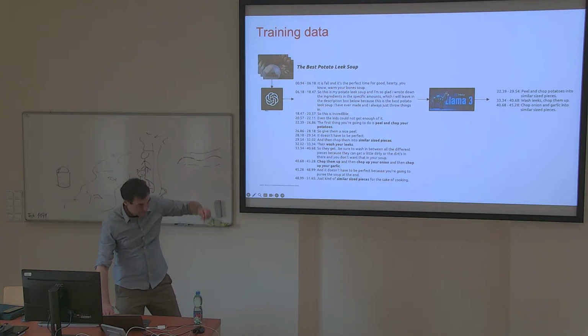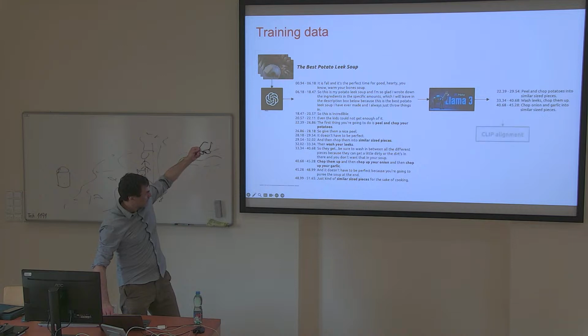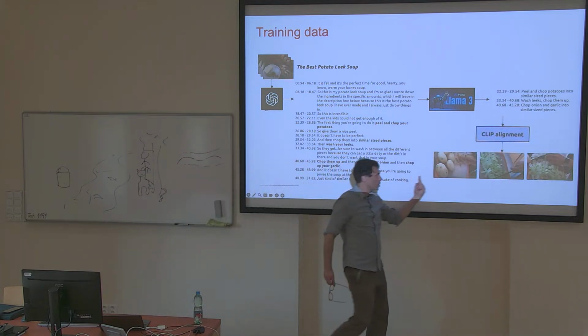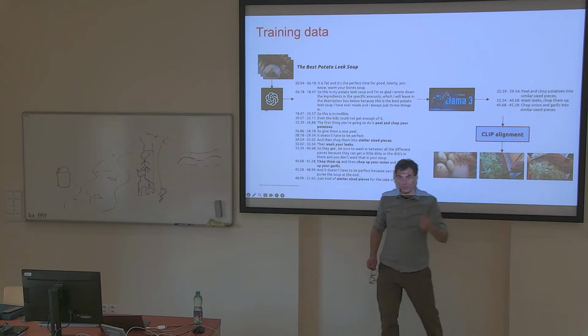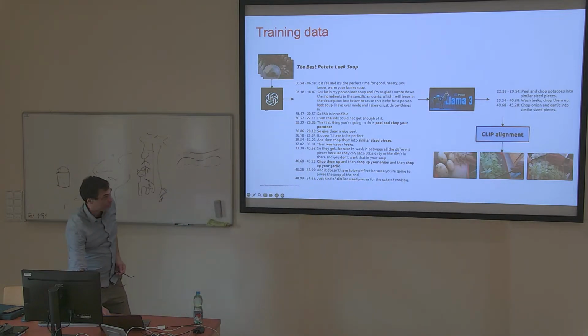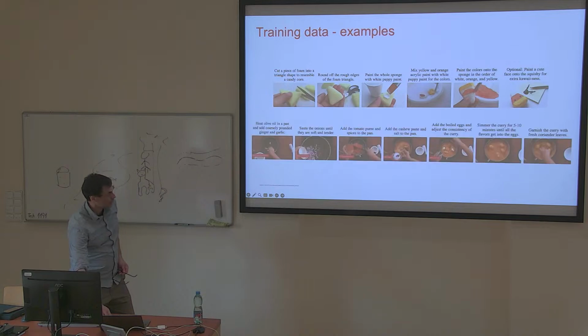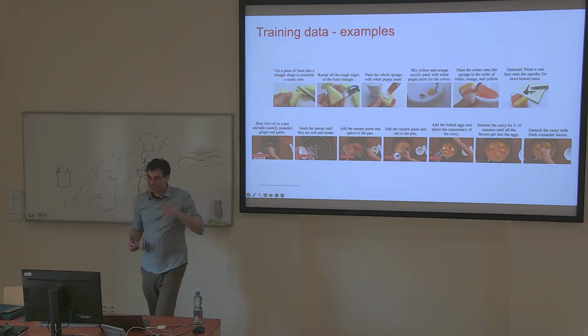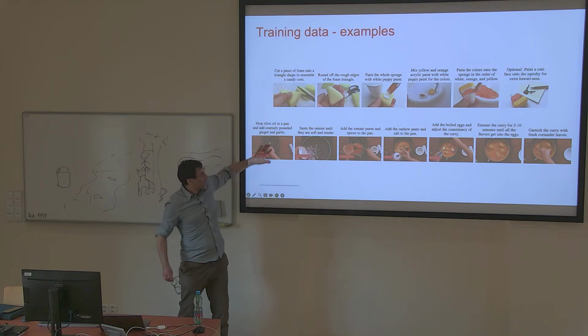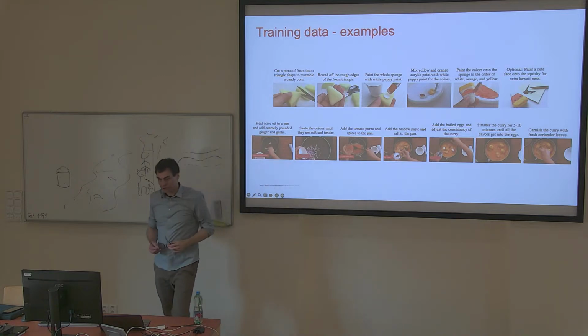It gets what the task is, and then we use alignment. We find in the video the best frame matching the individual step. We have some way of measuring confidence, and this way we can form a fairly large dataset. I would say there are hundreds of thousands of examples of sequences like this with instructions on how to do something.